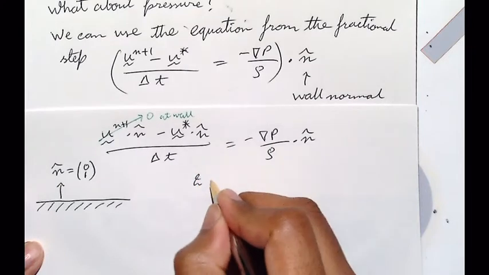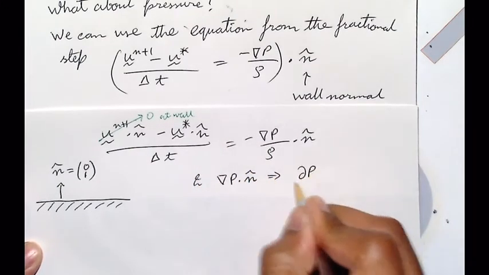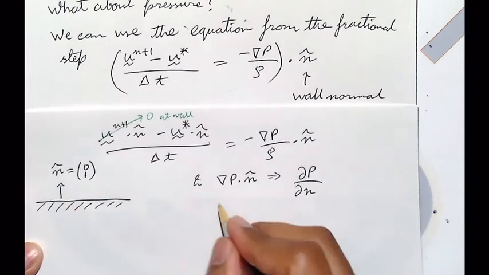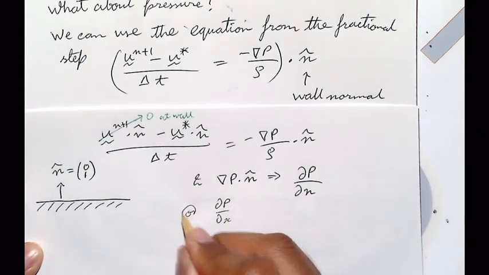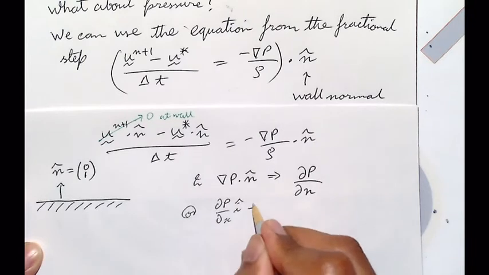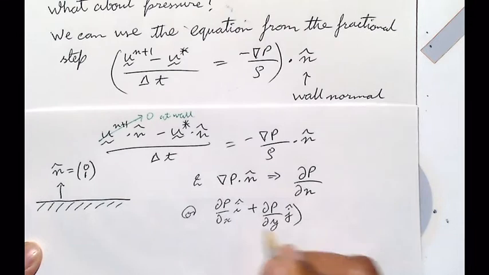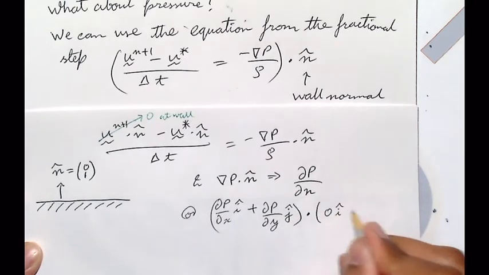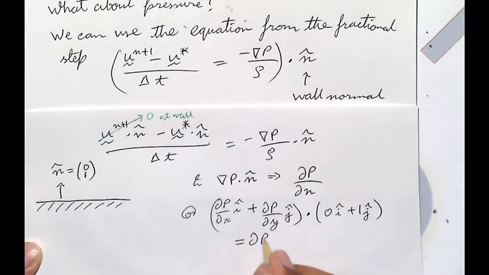And nabla p dot n can be written as dp by dn. Well, that's the general case, and in this case, we just have dp by dx i plus dp by dy j dot 0 i plus 1 j, which is equal to dp by dy in this case.